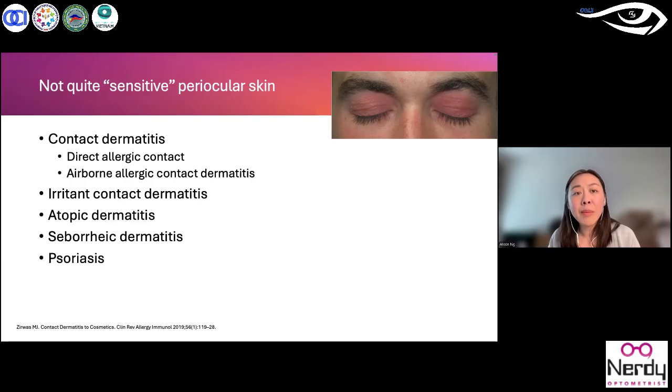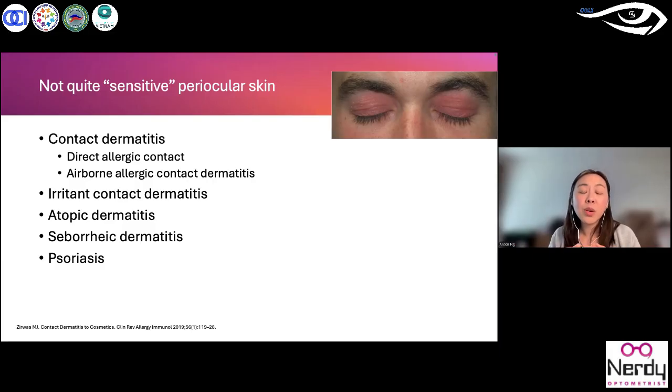Certainly any colleagues that are very much involved in dispensing are very aware that we have some patients with nickel allergies, and the nickel in the spectacle frames can get transferred to this immediate eye area and cause the same reaction. What's probably not an immediate connection for some patients is nail products.